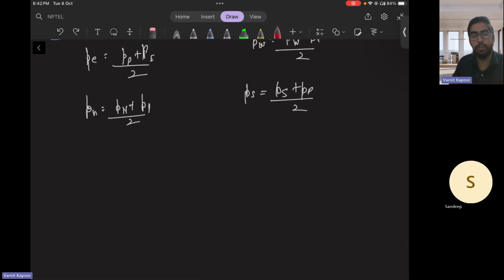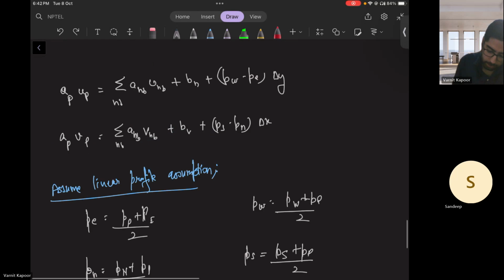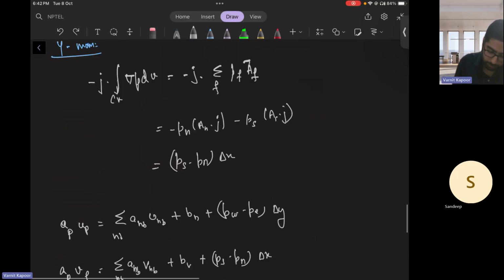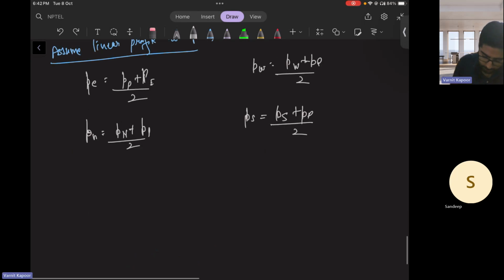And if you put all these values in the equation, see your first term.